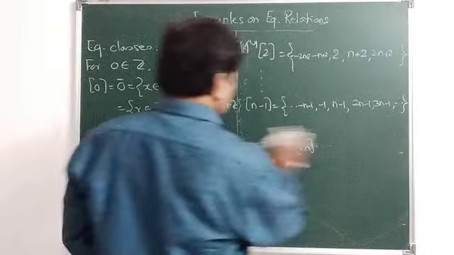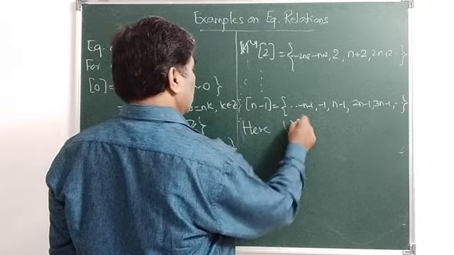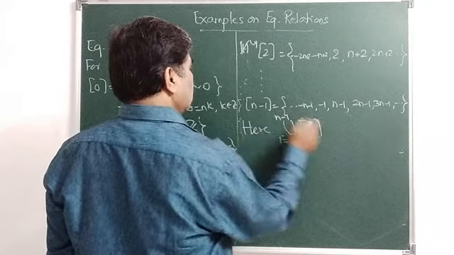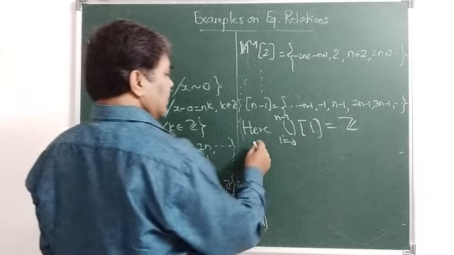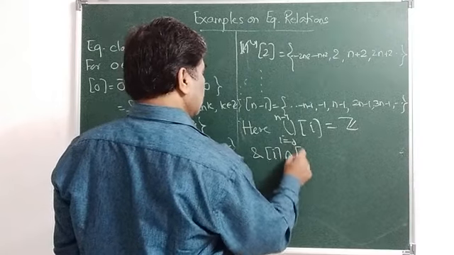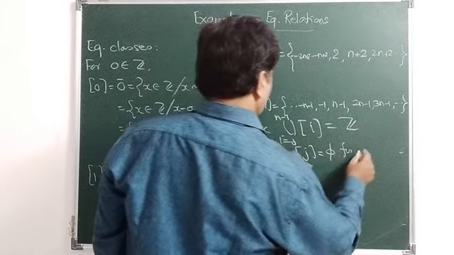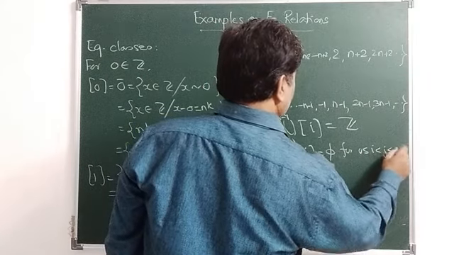So here, the union of equivalence classes of i for i equal to 0 to n minus 1 is equal to Z. Is it right? And the intersection of the equivalence class of i and the equivalence class of j is phi for 0 less than or equal to i less than j less than or equal to n minus 1.